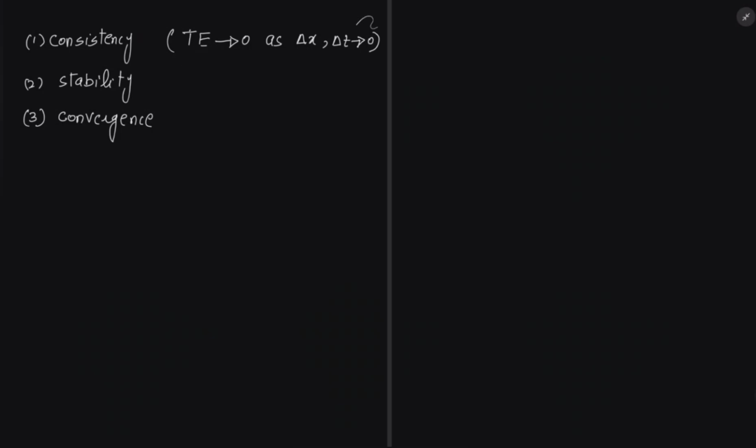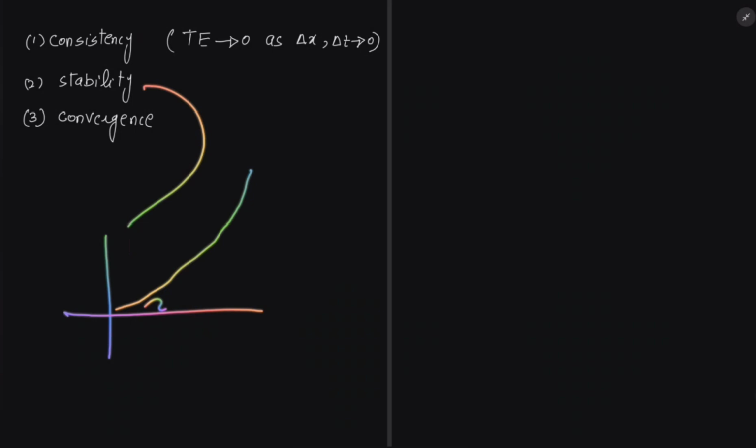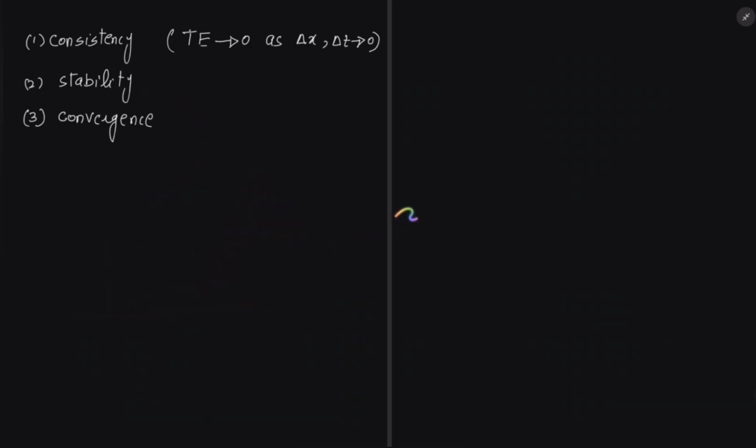Stability says that, for example, if we have an exact solution like this, and your numerical solution behaves like that, then it means that there are oscillations and the method is unstable. We don't want an unstable method. So stability is also very important. It can happen that the numerical method follows consistency but is not stable.